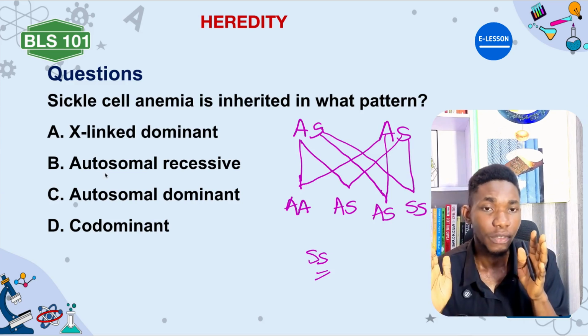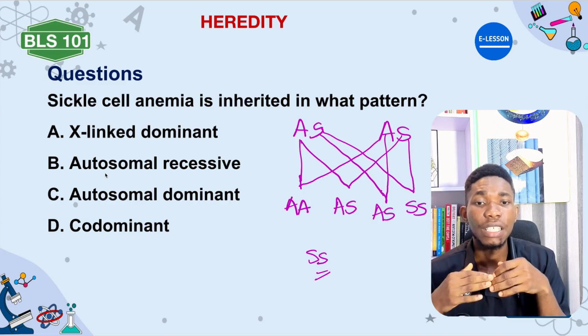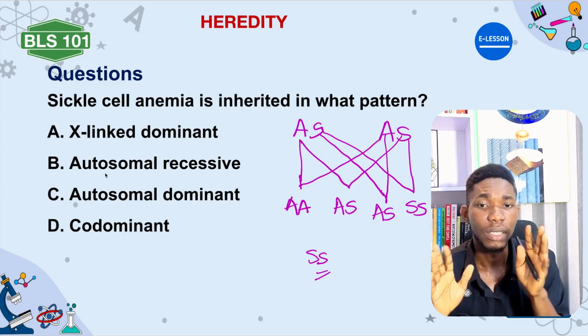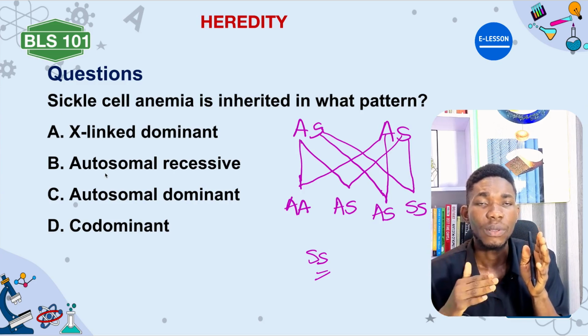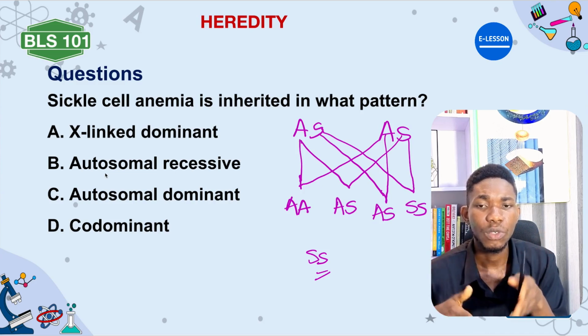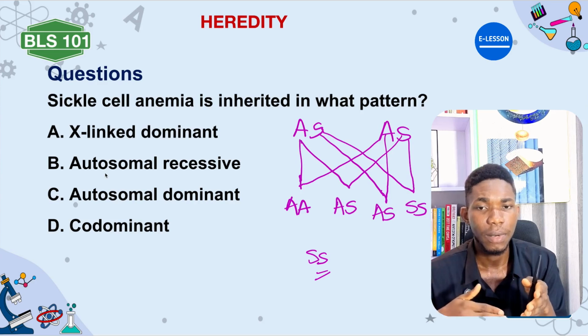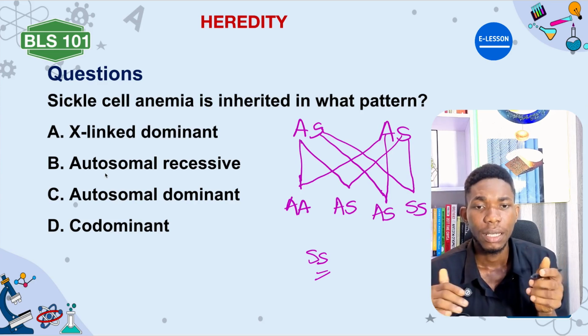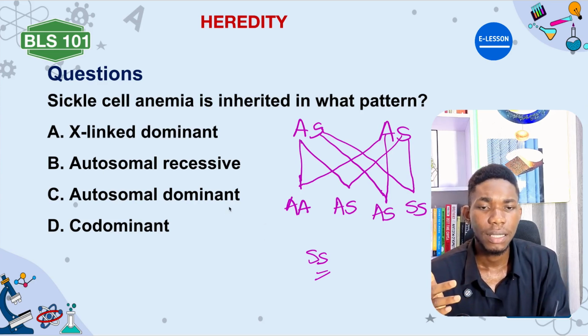Let me answer this question for you. It has to do with the other genes in the body, not the ones for sex, like those sex chromosomes XX and XY. So it is autosomal. Now, is it dominant?